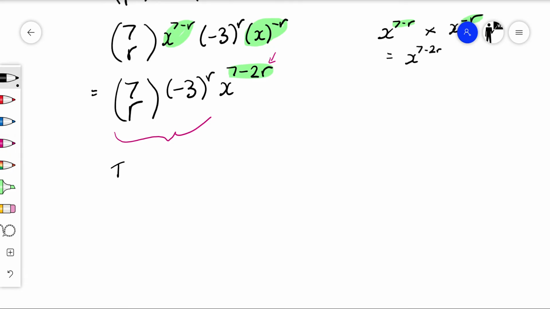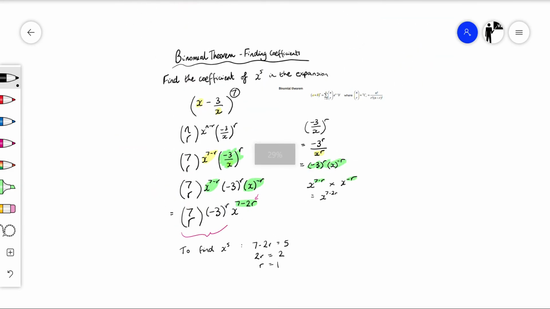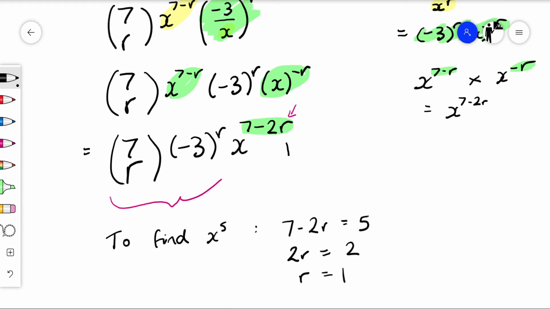So to find the coefficient of x to the power 5, we're going to need to set 7 minus 2r equal to 5. Solving that equation would give us 2r equals 2, therefore r is equal to 1. Because when r is equal to 1, this here would be to the power 5.